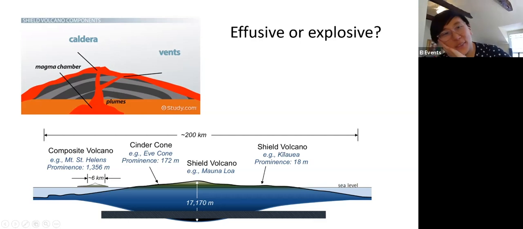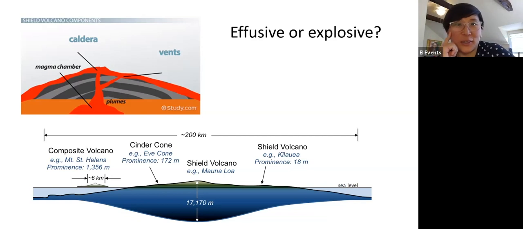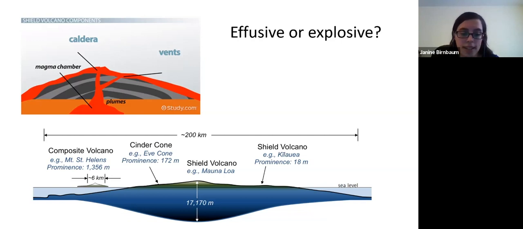While we give our participants a chance to answer whether it's effusive or explosive, there was a question about if you happen to come in contact with the magma in a volcano, how badly can you burn, and can you actually die from injuries and burns from the magma? Most of the time people don't die from effusive eruptions or lava flows, usually because the lava moves slow enough that you can get away from it.